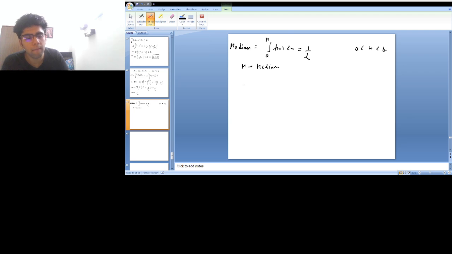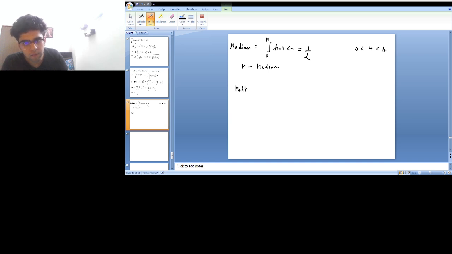Now if you remember the first or second question that I discussed, in that question we needed to find the median, but the domains were changing. Here our domain is same, so x lies between 0 and 1 only. So my m lies between 0 and 1, so I can take the limit to be 0 to m.